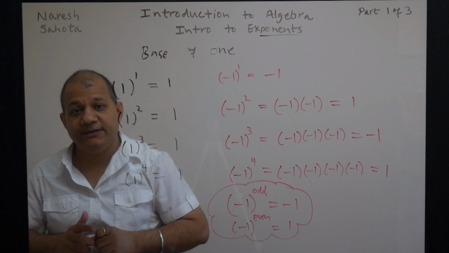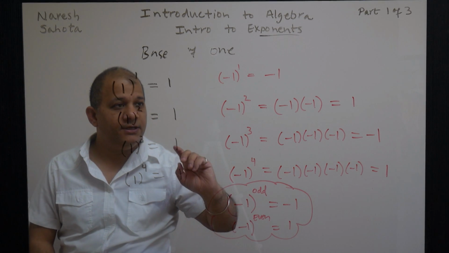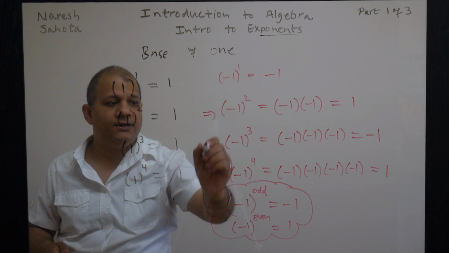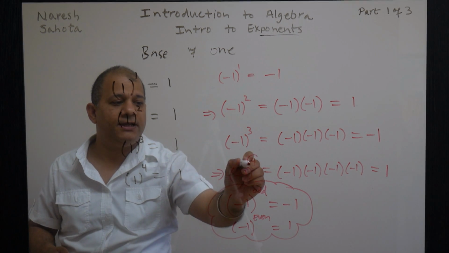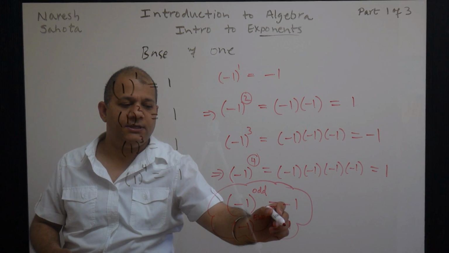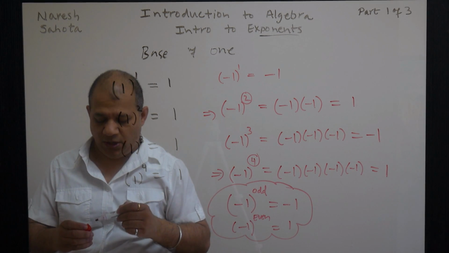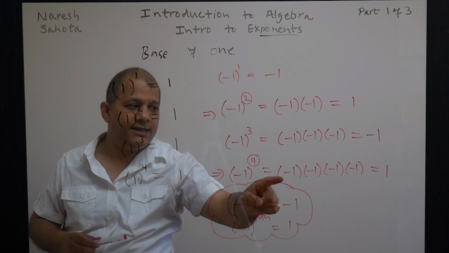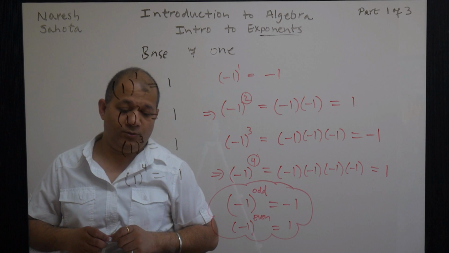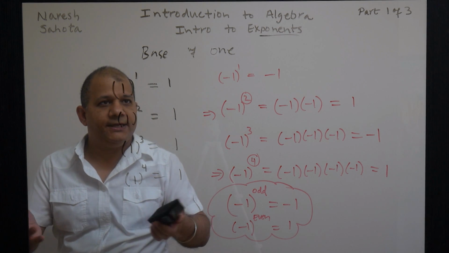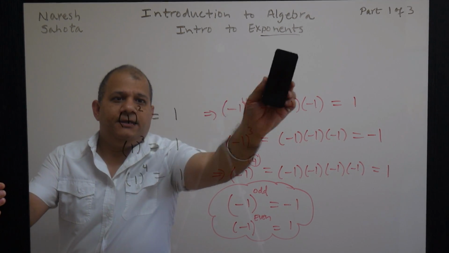When you have a negative base, if you have an even exponent, we saw that, the 4 and the 2, we're getting a positive 1. So even, it's positive, and when it's an odd exponent, 1 and 3, the answer is negative 1. Okay, so that's what I want to point out, and I think now you're ready.